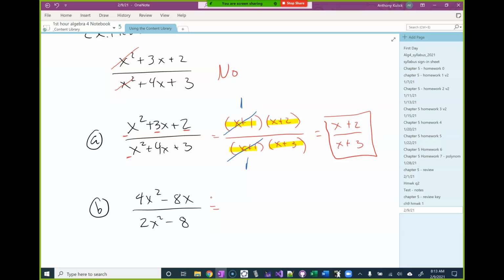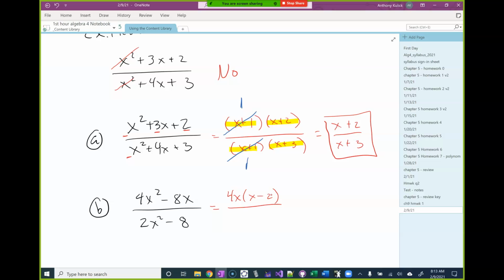Everybody agree with that? So when I take the 4x out, I'm left with x minus 2. Is that okay with everybody? Again, if I do anything you're not sure about, or you don't understand the reason why I'm doing things, please stop and ask.